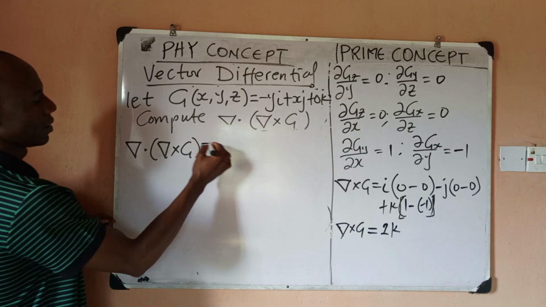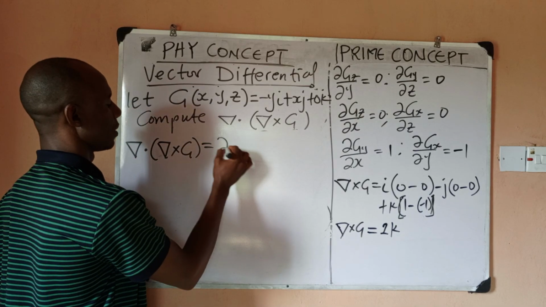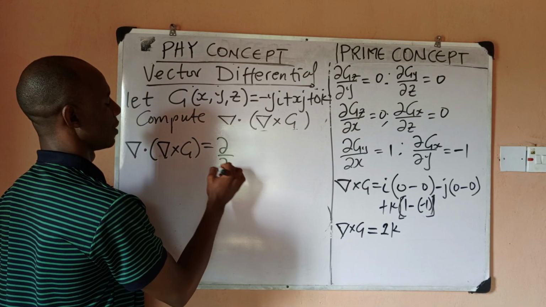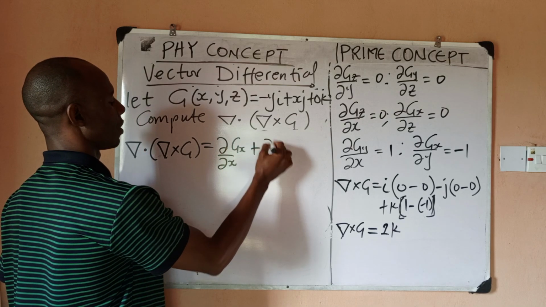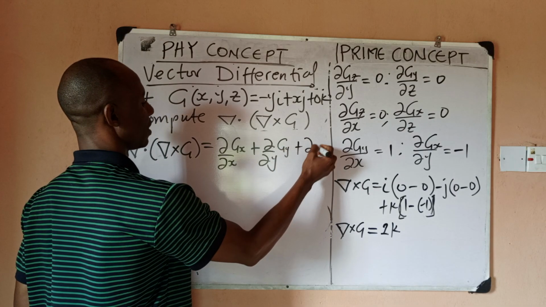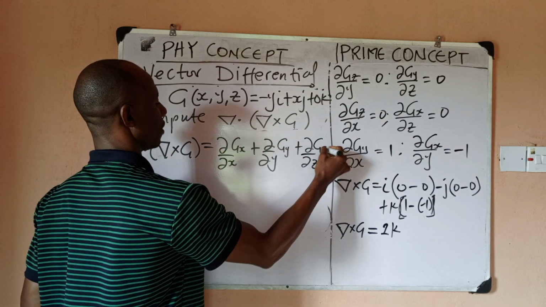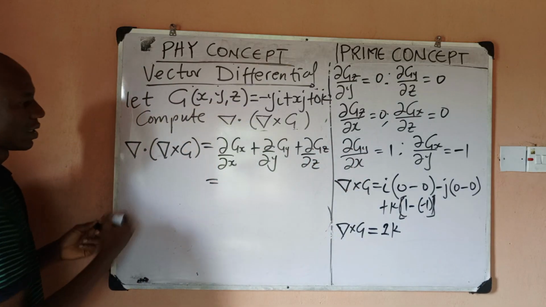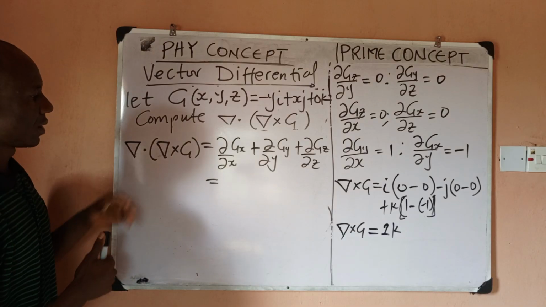So what is my divergence? Divergence is simply this, the x, g of x, plus this, the y, g of y, plus this, the z, g of z. So that is what this thing would be now. All right, the divergence.